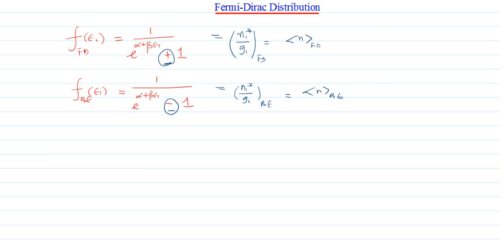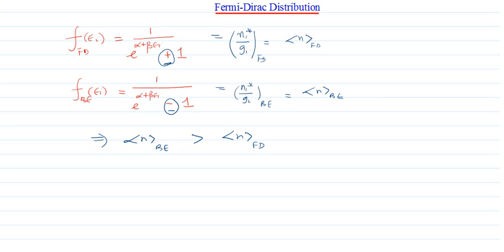Which occupation number will be greater? Certainly the mean occupation number for the Bose-Einstein case, because the denominator is minus 1, so the denominator is lesser compared to the other one. So it is greater than the mean occupation number for the Fermi Dirac case.